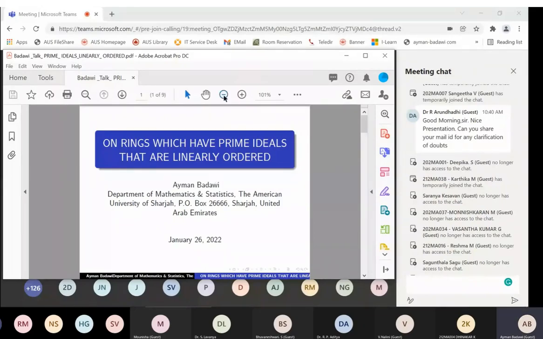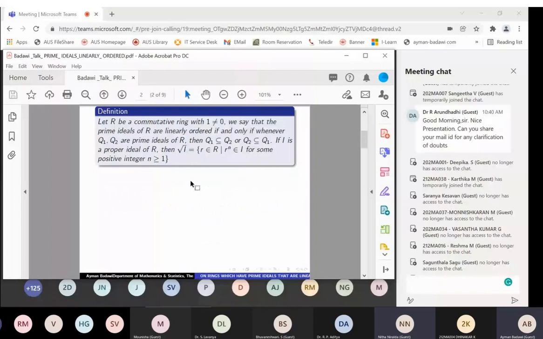So the first, here's the definition. Let R be a commutative ring with 1 not equal to 0, meaning a commutative ring with identity. What does it mean for the prime ideals to be linearly ordered?